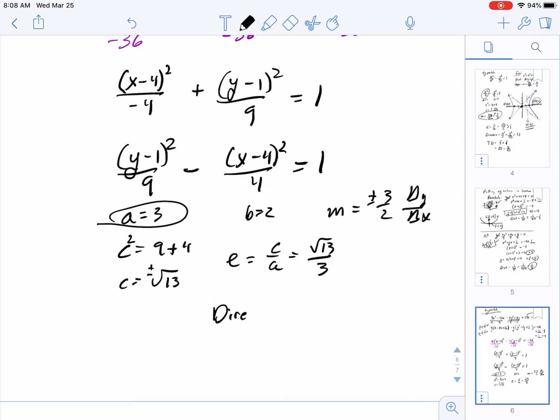Therefore, my directrix, which is a squared over c, so 9 over square root of 13, would be my directrix, and then the big piece would be to find my total distance by subtracting those two values. Okay? All right, we're going to take a break there, and we're ready to get into graphing using this information into polar. So how to utilize this, my total distance, all this, and how to do that.